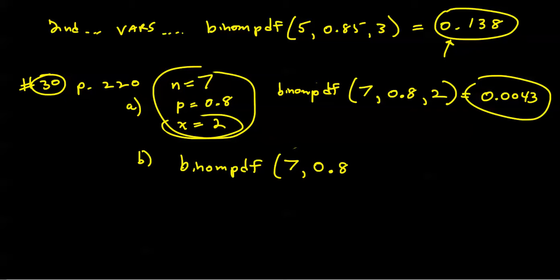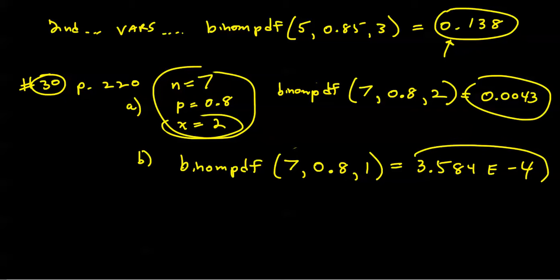Still the probability of success in 1 trial is 0.8. Well, instead of 2 successes, you want exactly 1 success. Let me check it. Yes, exactly 1 success. Alright, now if I punch this out, well, I get something in scientific notation. Let's talk about that in a minute. 3.584 E minus 4. That's what my calculator returns.